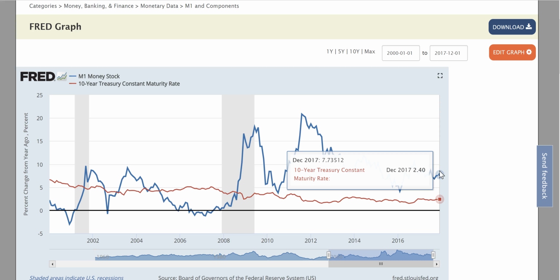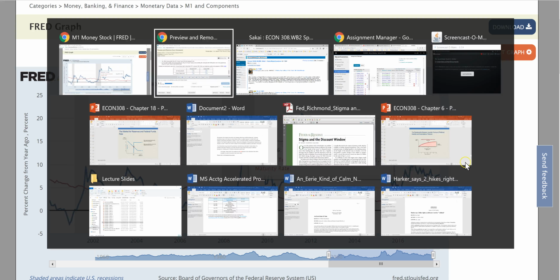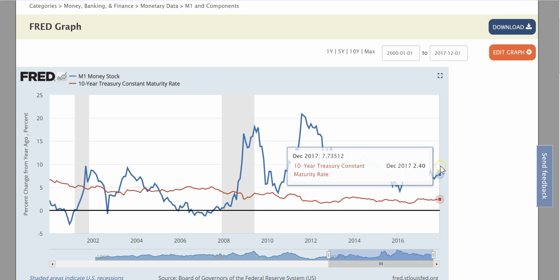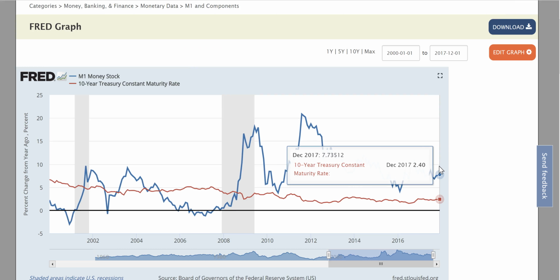The first number refers to the growth rate of money, and that's 7.74. The question says to input the number exactly as it appears on the FRED website, so 7.73512.